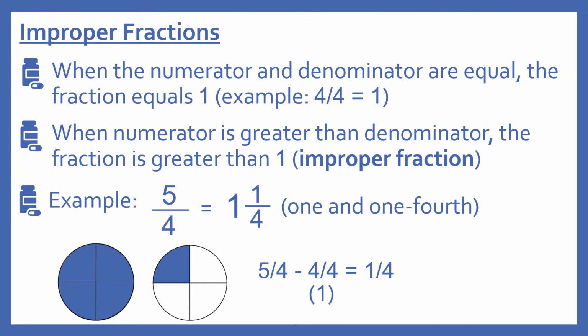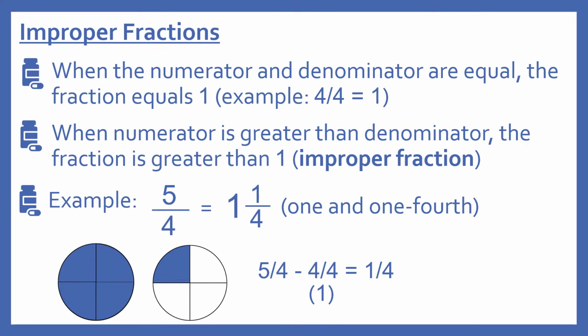Now we'll talk about improper fractions. So when the numerator and denominator are equal, the fraction equals 1, which we just saw on our last slide, like 4/4 equals 1. Now when the numerator is greater than the denominator, the fraction is going to be greater than 1, and this is known as an improper fraction. For example, 5/4 is equal to 1 1/4.